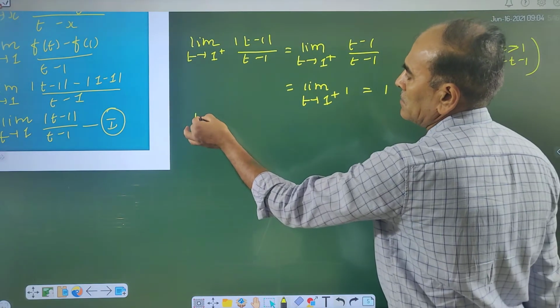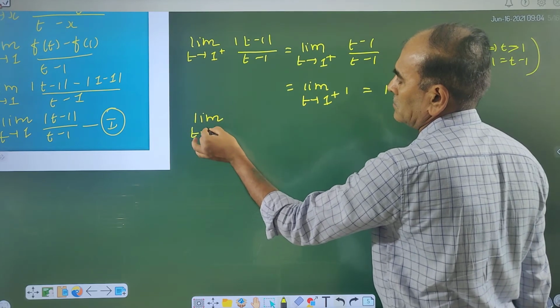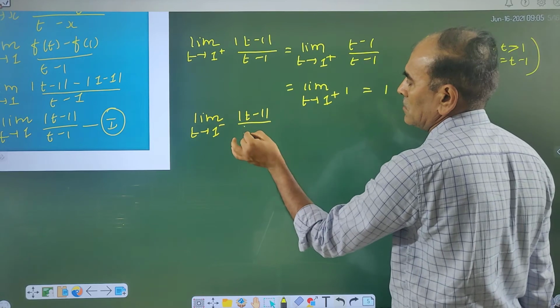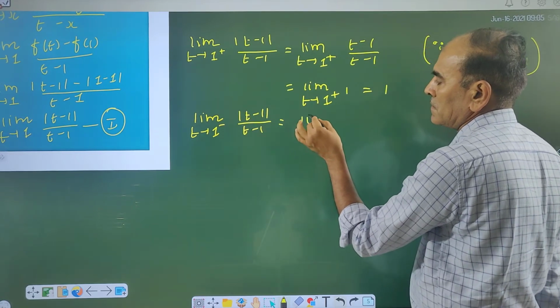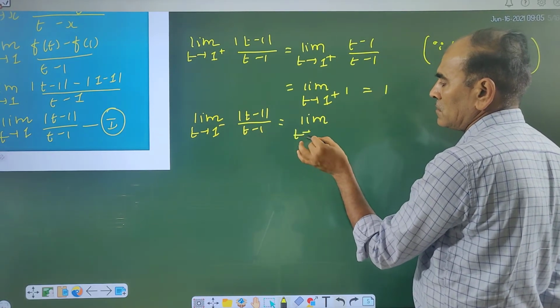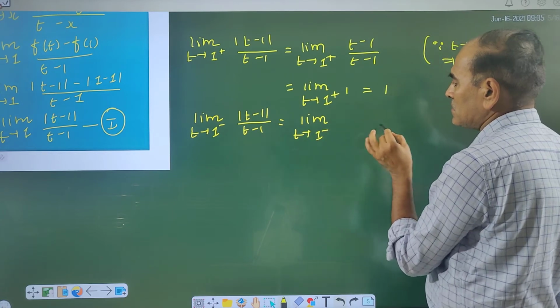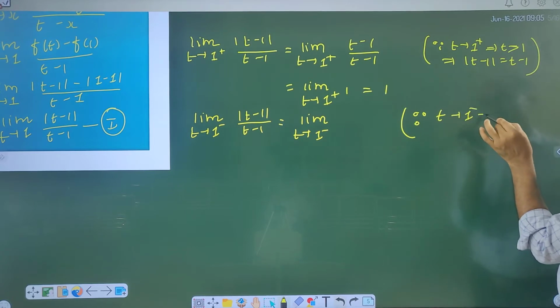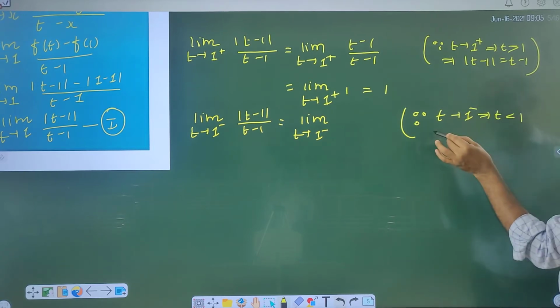Now the left hand limit. t tends to 1 minus magnitude of t minus 1 over t minus 1. And that is equal to t tends to 1 minus, put the reason. t tends to 1 minus implies t less than 1.